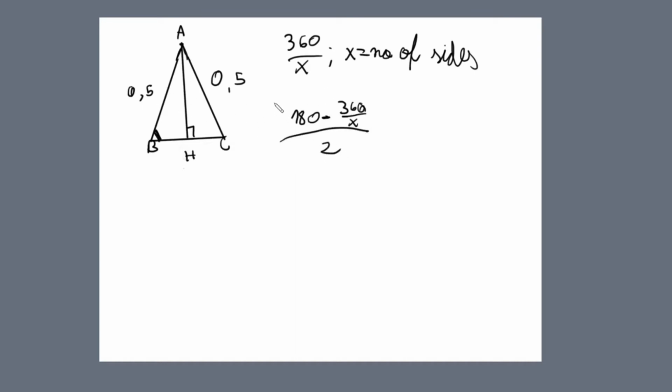But we can do one better. We can find it even closer. I'm going to go into the AHB triangle, and I'm going to tell you that the B angle is equal to 90 minus 180 over x. And this is how much this angle over here is. Good, and that is equal to 90 times x minus 2, obviously all over x. So how much is BH?